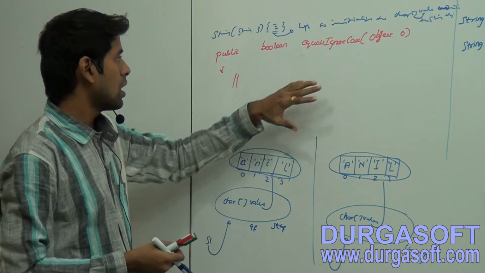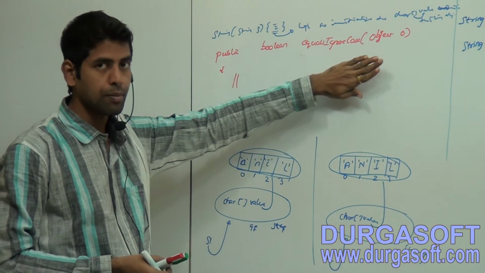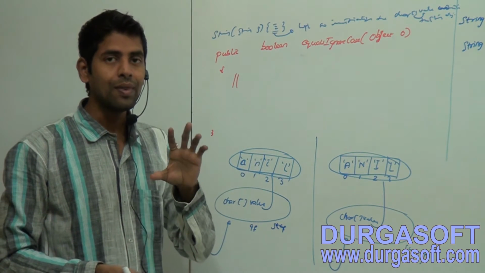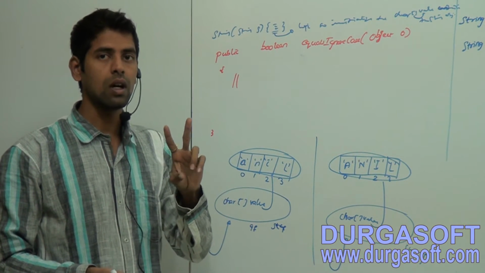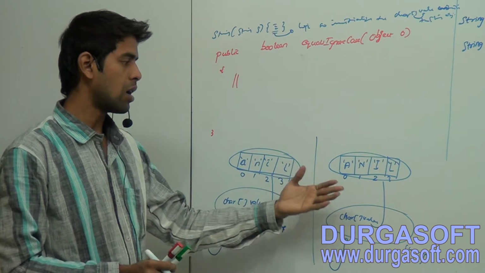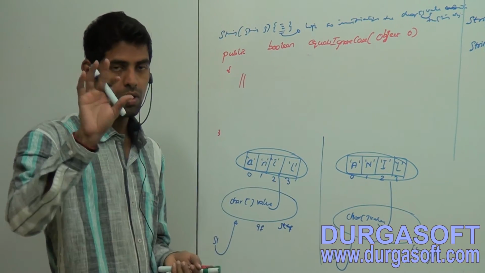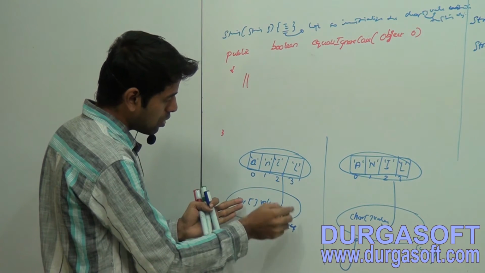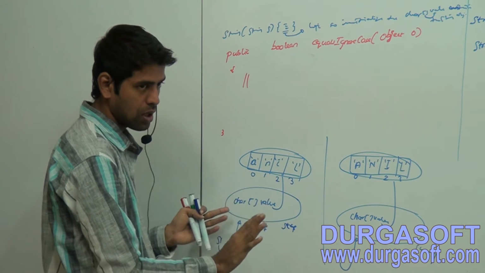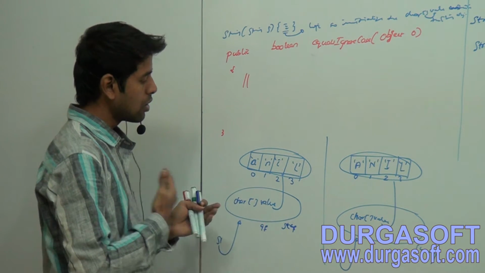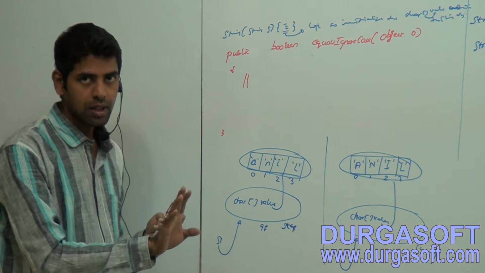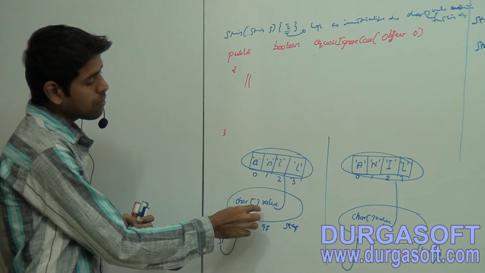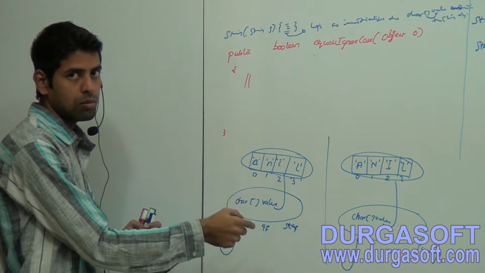Now this equalsIgnoreCase method has logic to check both of these two string objects. One small thing to observe: this char array is actually available within the string object only, but I don't have space here to write that. To make the explanation simple, I am writing it outside, but the char array value is available within the string object only.